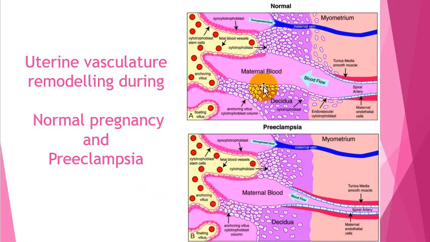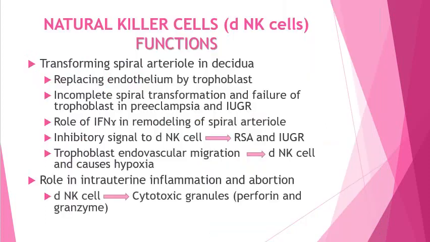preeclampsia this activation is suppressed, so the spiral arteries remain narrow, and that's why the blood supply at the maternal-fetal interface is hampered, and that's why various adverse changes occur in the fetus.